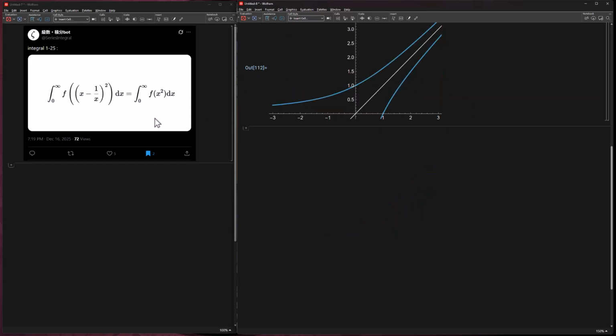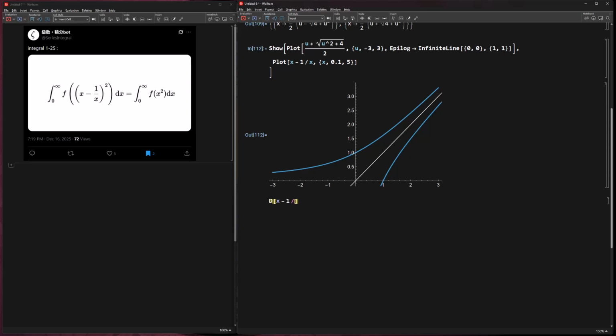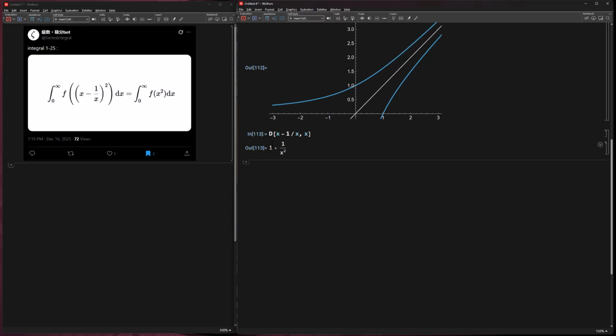So the next step is to convert dx in terms of du. If we have u equal to x minus 1 over x, we differentiate the right-hand side with respect to x. This means that du is 1 plus 1 over x squared times dx. We can solve for dx in terms of du by replacing x with u's.